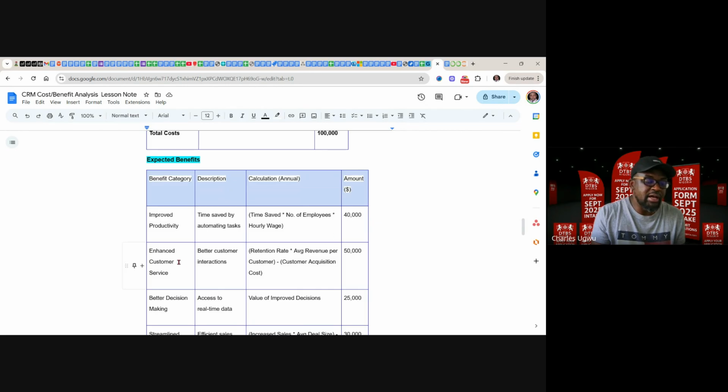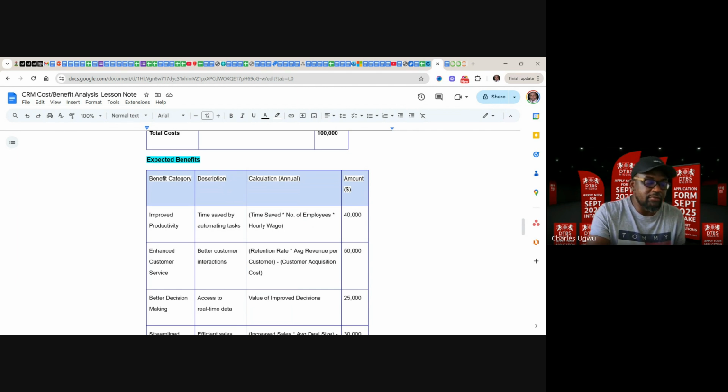Then we'll have enhanced customer service, better customer interaction. Okay, this is difficult: retention rate times average revenue per customer minus customer acquisition cost. You get this?